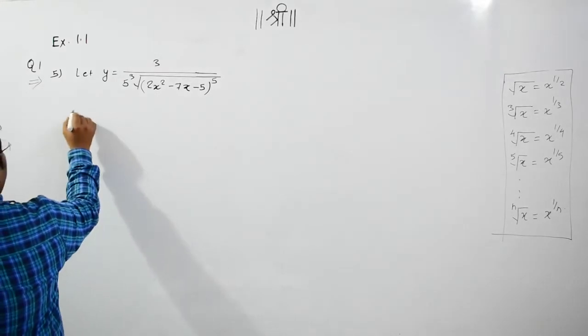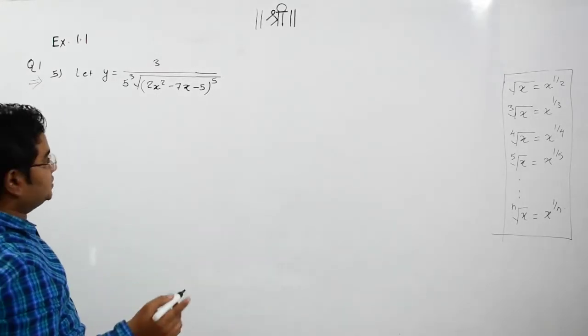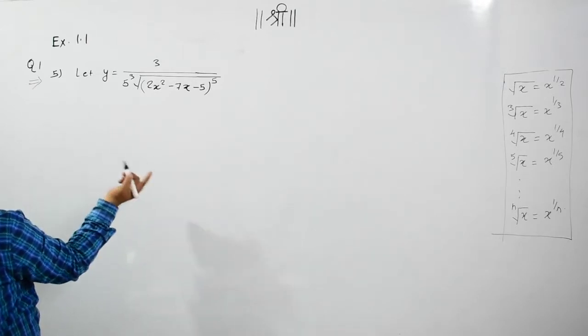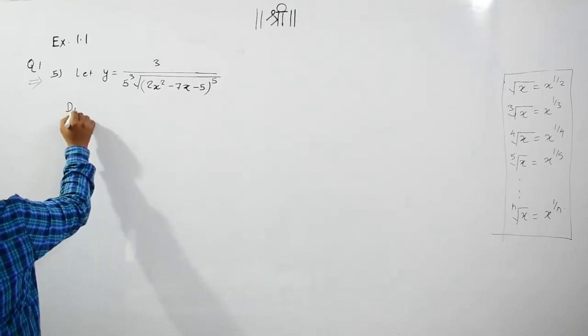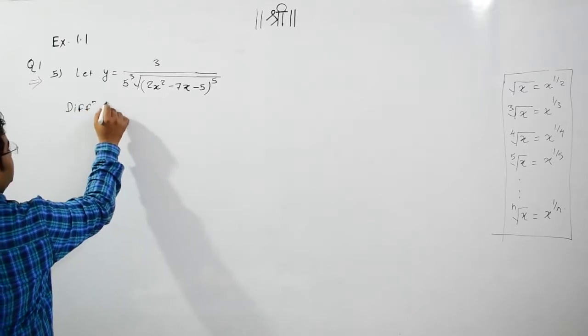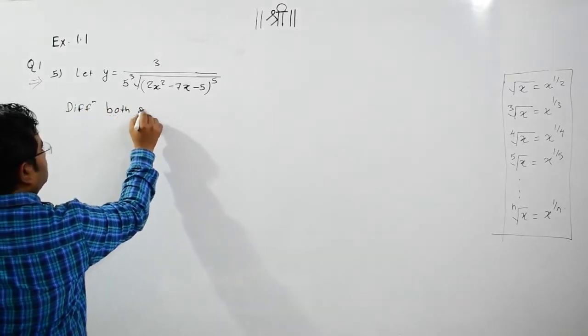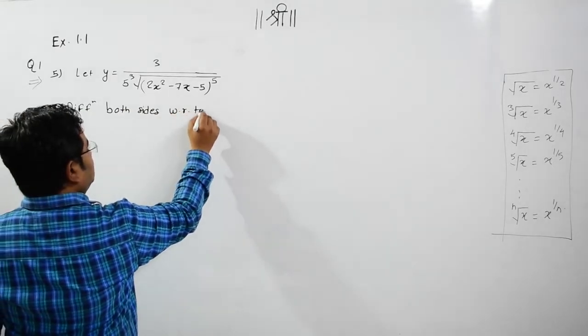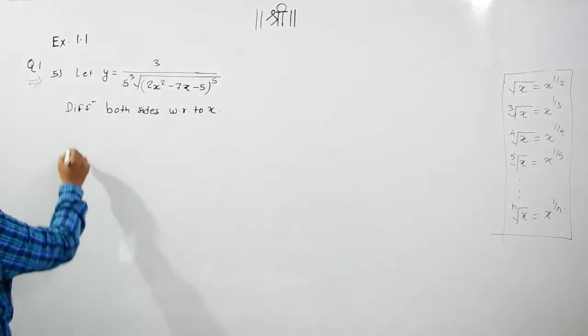Now let's differentiate both sides. So I will solve this question by direct method. Okay, so how to solve by direct method? Just look properly. Differentiating both sides with respect to x. What will happen?